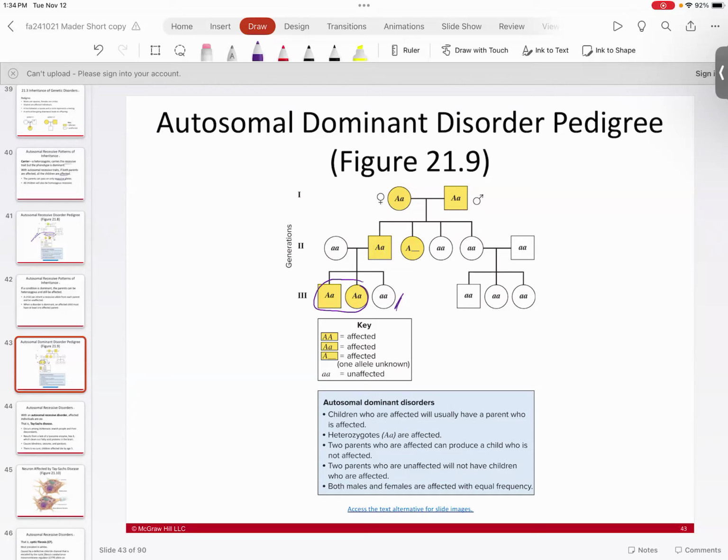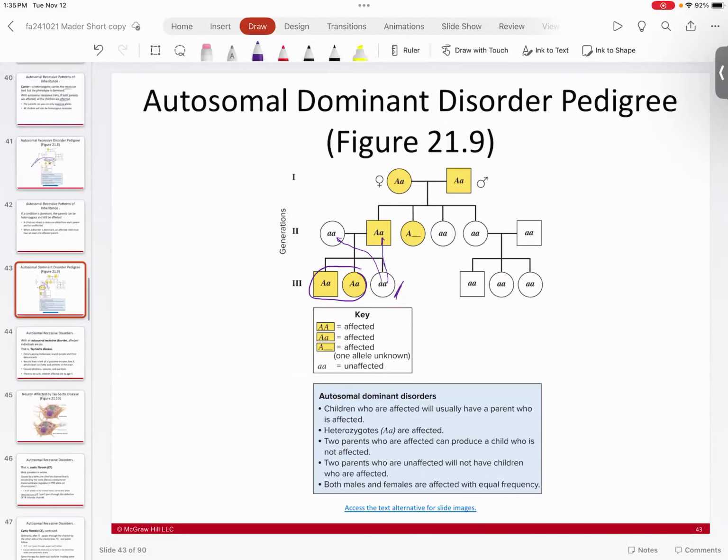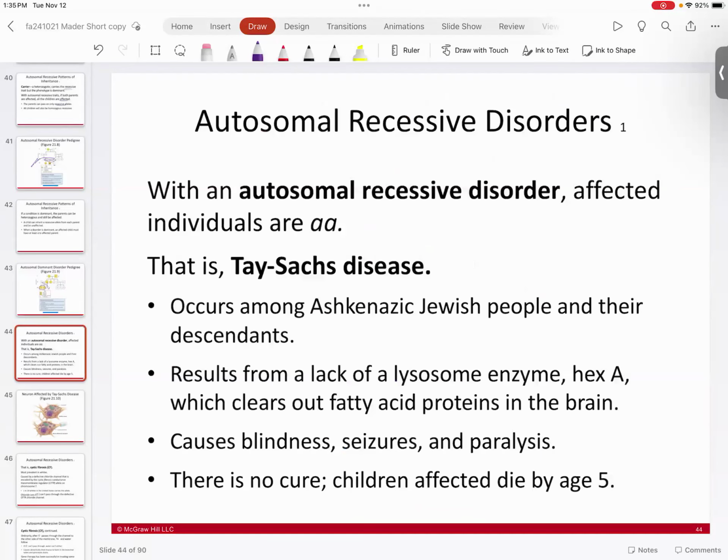Because you have one homozygous individual, that means this recessive allele had to come from mom and from dad. So even though dad's affected, he's going to be a heterozygote, and mom's unaffected, so she's a homozygous recessive. And so you work back and determine what kind of genotype individuals have by working your way back through the pedigree in this kind of analysis.